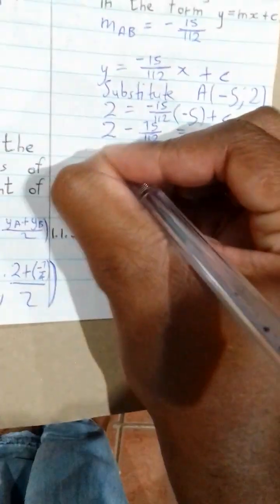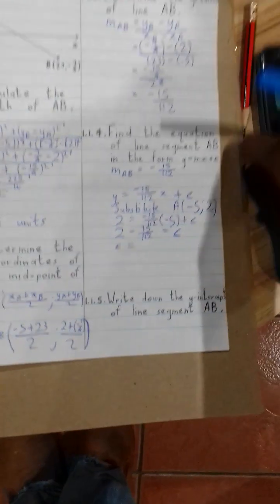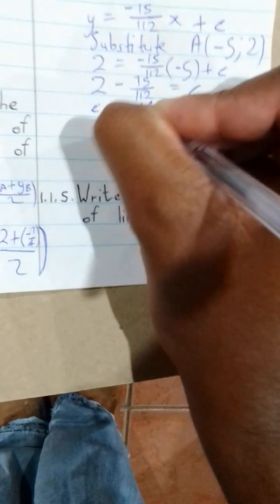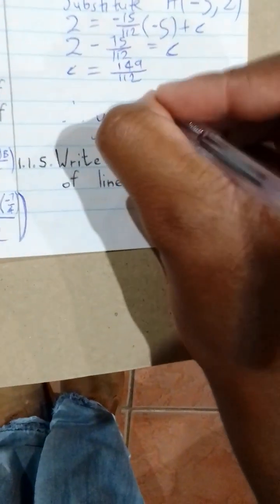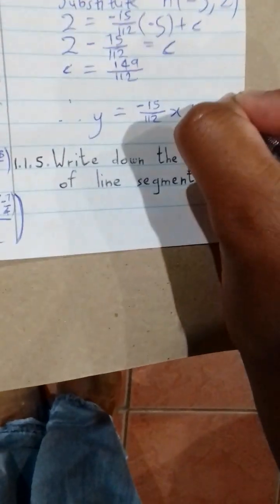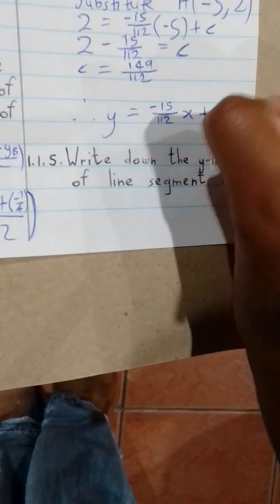So c is 2 minus that answer, 149 over 112. Therefore, the equation is y equals negative 15 over 112x plus 149 over 112.